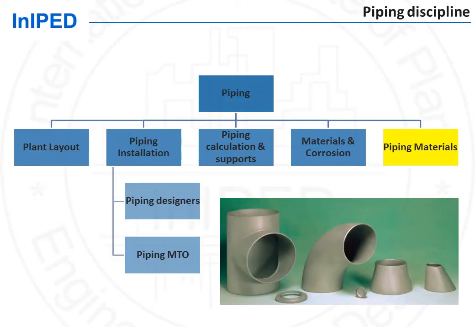There is a large variety of piping materials, depending on types of items such as tees, elbows, flanges, materials of construction, as well as wall thickness. In order to reduce the variety of piping materials at site, a standardization is made.